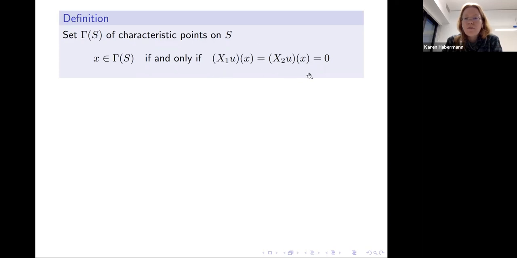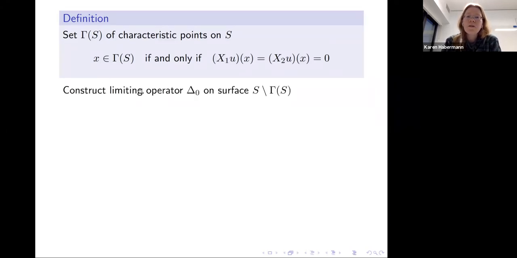And because this is given as the zero set of functions, this set gamma of S of all characteristic points is a closed set of S. So if we look at S minus the characteristic points, this is still a perfectly defined surface. And that's what we are going to look at throughout.